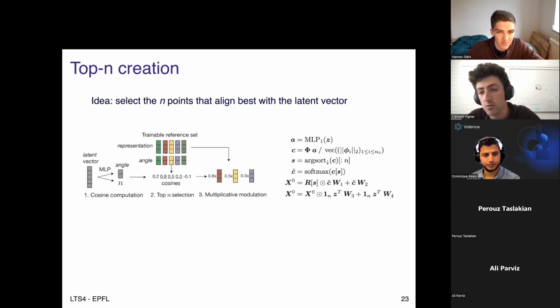And now, because we use the value of the cosines, the gradients are not 0 anymore, and we can train the network. If we look at the pseudocode, we have the latent vector, we predict an angle, then we compute all the cosines. We select the points that align best, that have the biggest cosine. Then we compute this modulation coefficient, C tilde, and we use it to update the representation. In the end, we get x0, which is the initial set.